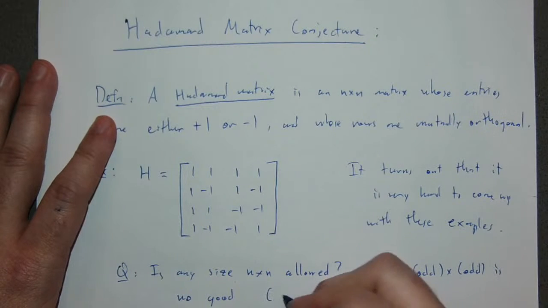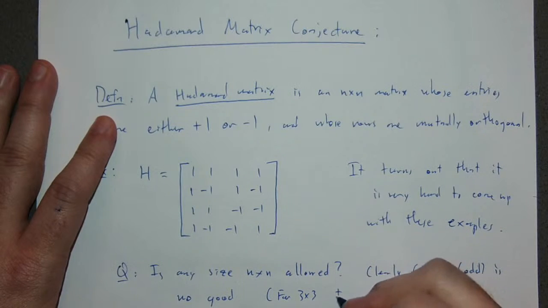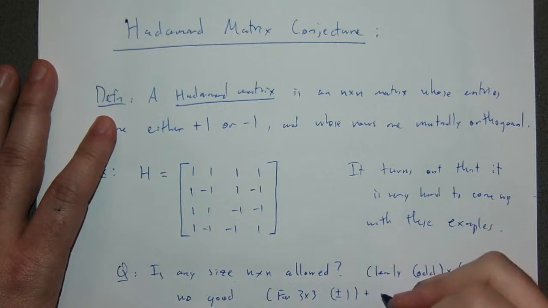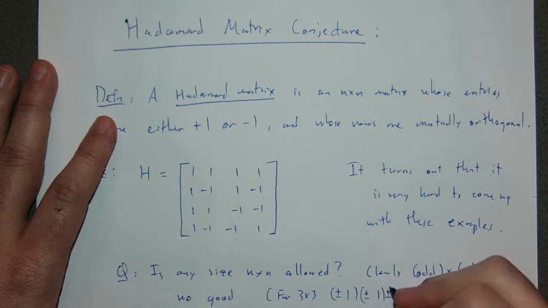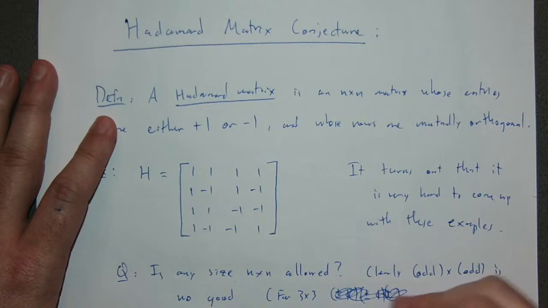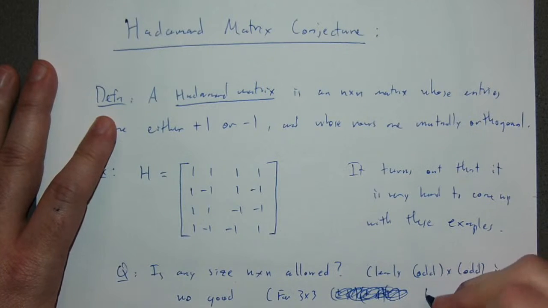All right, so for instance, for 3 by 3, you would have plus or minus 1, plus or minus 1, plus or minus 1. Let's not use any parentheses. This can never be 0.